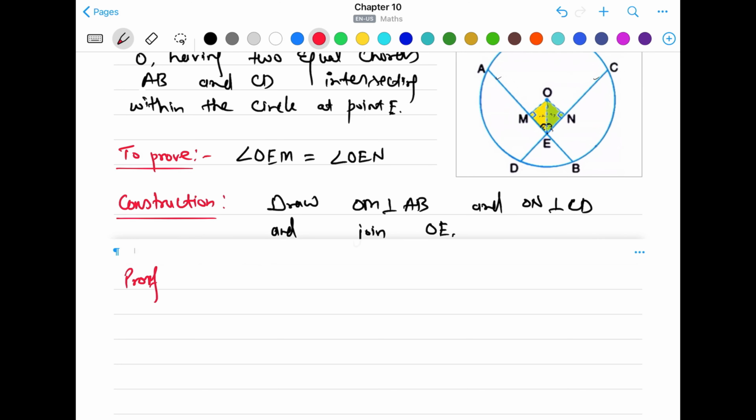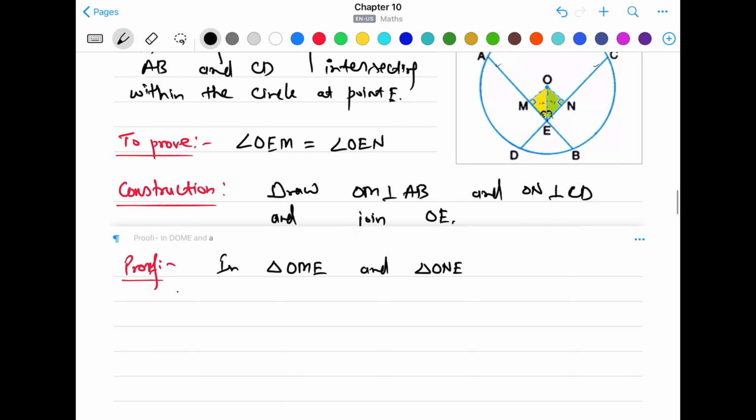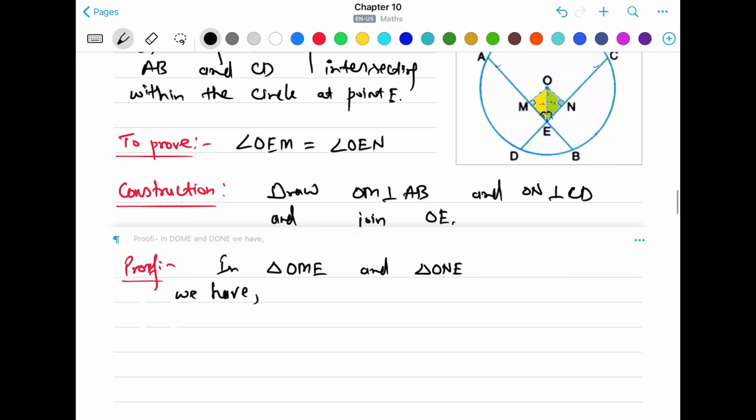Proof. We have in triangle OME and triangle ONE, what we have here is that angle OME is equal to angle ONE, each is of 90 degree.